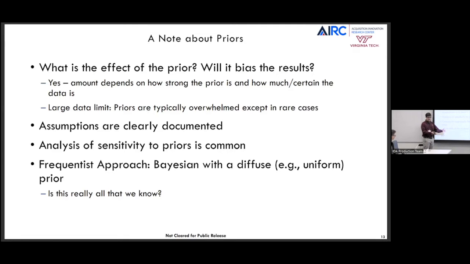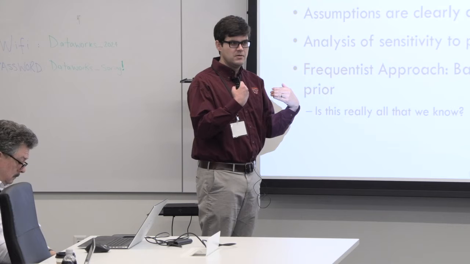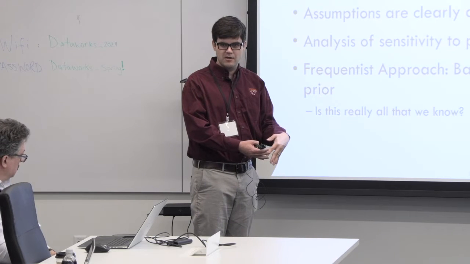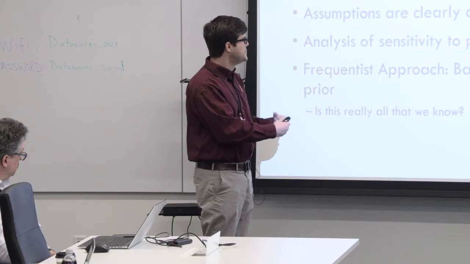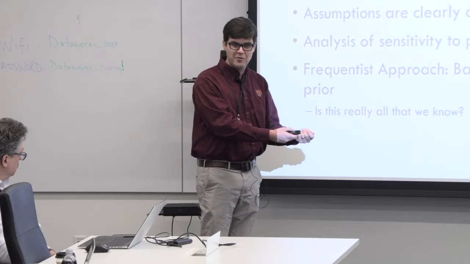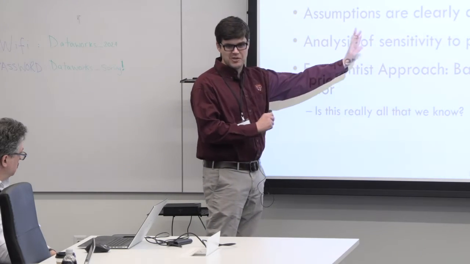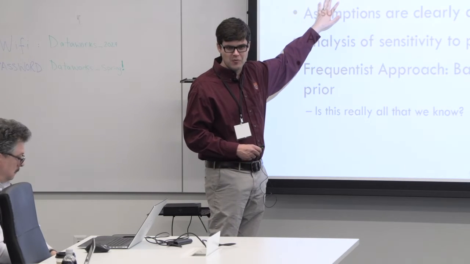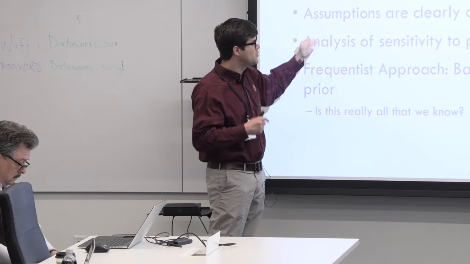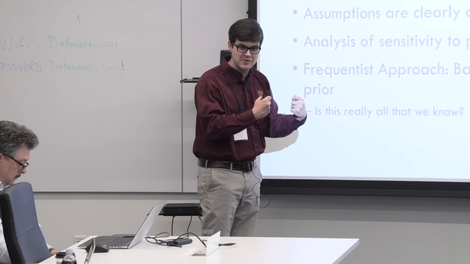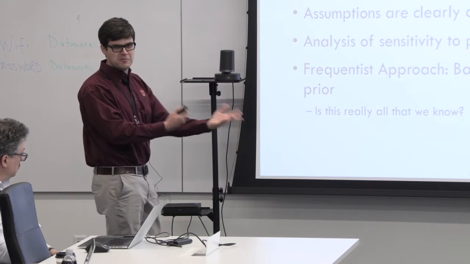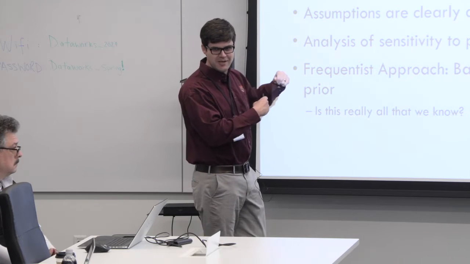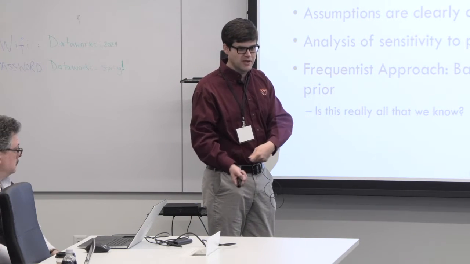In rare cases, if you say the parameter can't be negative and the data indicates the parameter is actually negative, so your prior is ruling out the right answer, you will not overwhelm the prior, because the prior has said there is zero probability of that. But that's what I mean by rare cases. If you encode wrong information, you will get the wrong answer.